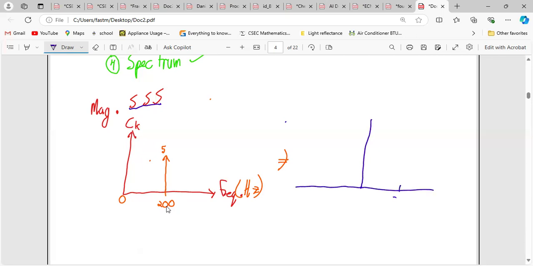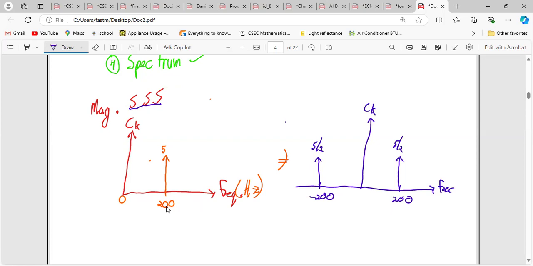You have 200 here and minus 200 here. It's double-sided, so basically you have positive frequencies and negative frequencies. So the magnitudes will just halve. So this will be 5 on 2, and this here will be 5 on 2. It literally just halves.